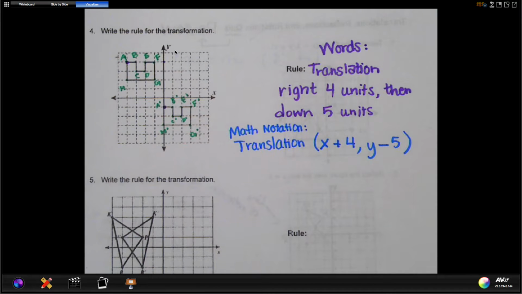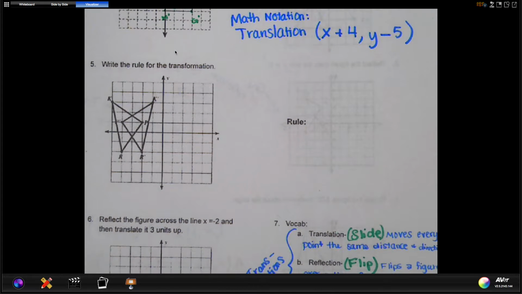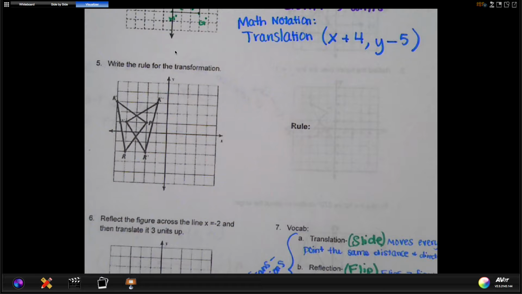Okay, the next one, write the rule for this transformation. So the transformation's already been done. Our choice is is this a translation, reflection, or rotation, or is it a sequence? So we're taking a look. Here is point K, and here is point K prime already labeled, and we can see that this figure is in fact flipped. So since it's flipped, we know that our first word here is going to be reflection.